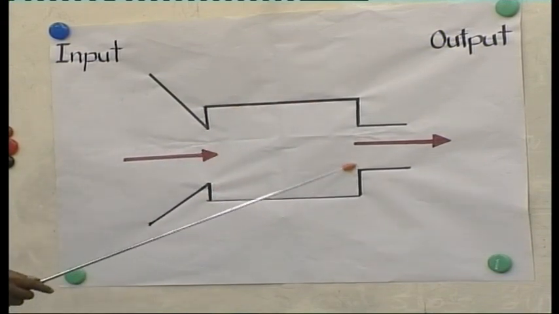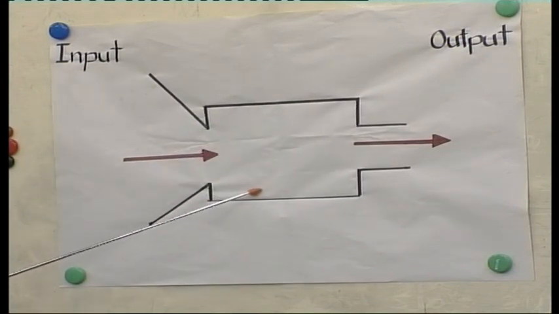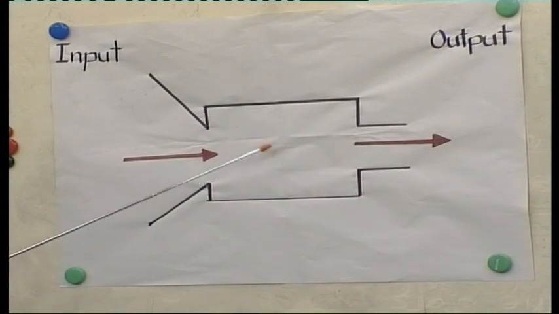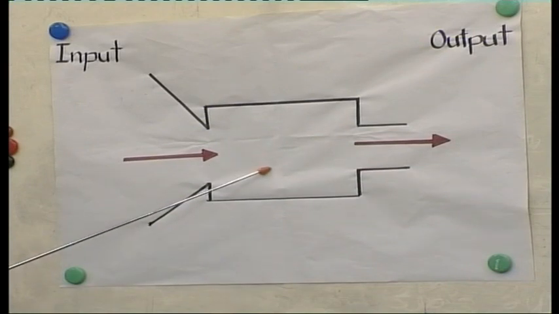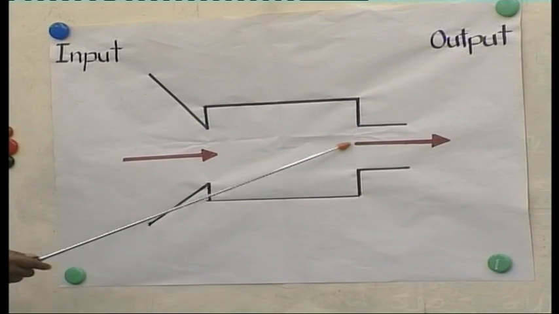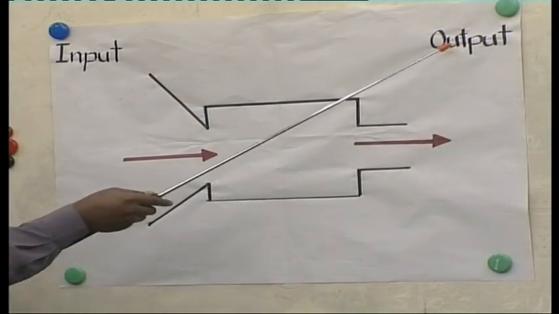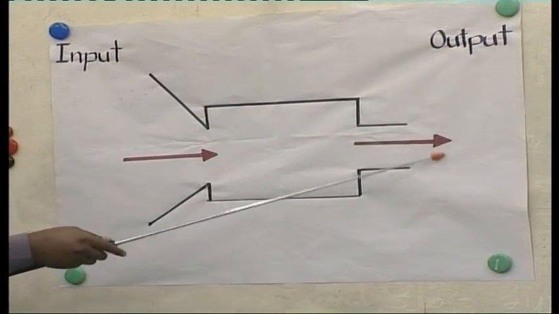This space here is the place where the numbers are being mixed. And this space contains the main part of the machine. And we can call it a mixer. Okay? After it has been mixed, it comes out from here. Whatever comes out from here is known as the output.